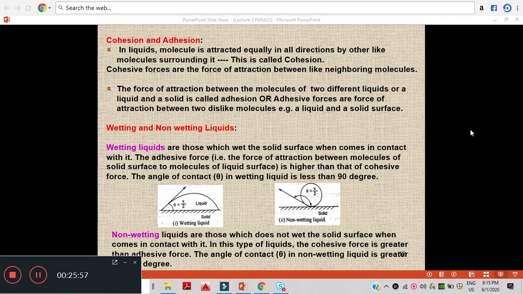What is basically cohesion? Cohesion force is the force between molecules of the same medium. What it does is enable liquid to resist tensile stress. Adhesion is a force acting between molecules of two different surfaces.